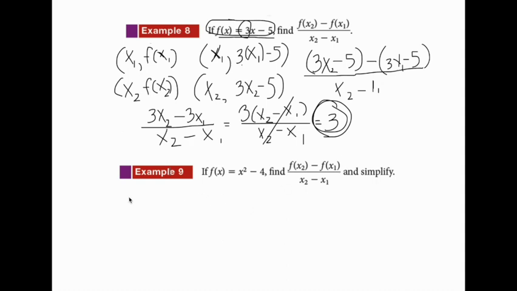So for this example down here, we're going to do the same thing. I'm going to plug in x2 and x1 into our function and use the difference quotient to find the generic rate of change, and then we're going to simplify it. If I put x2 into this function here to get my corresponding value, I'm going to have x2 squared minus 4.